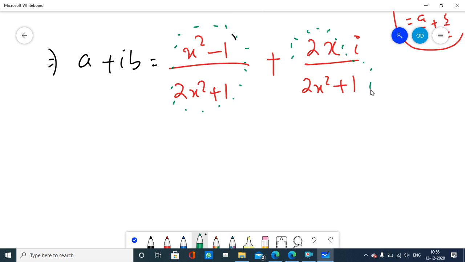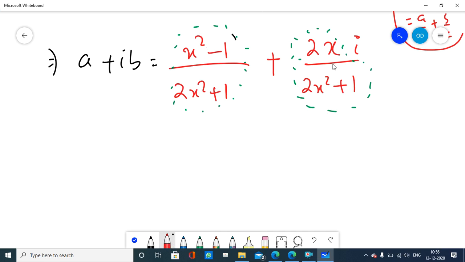And this one, 2x by 2x squared plus 1, is also a real number. Is there any i in it? No. So it is in the form a plus bi. That means it is in standard form right now.